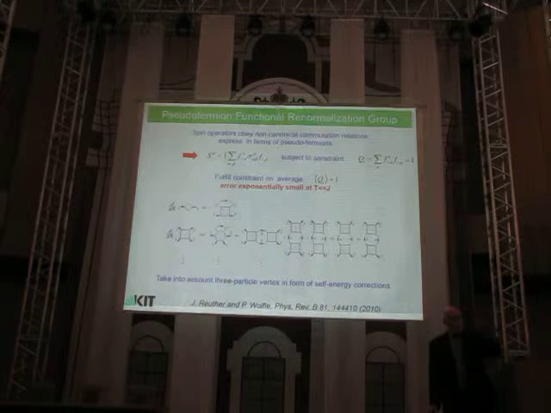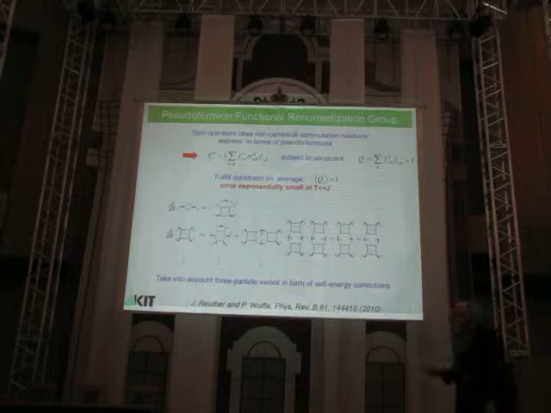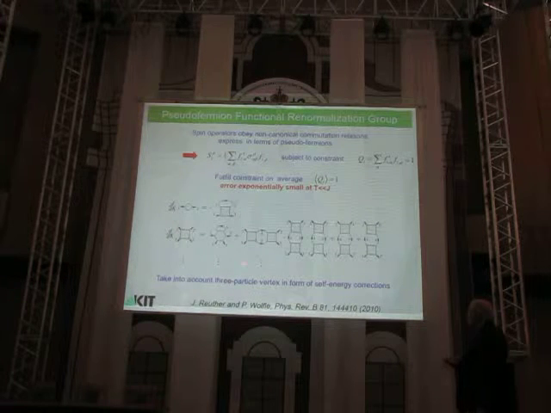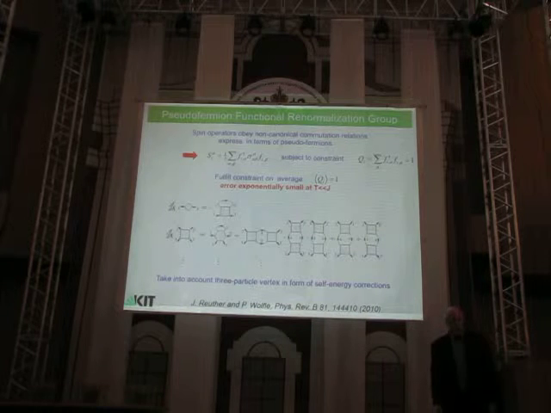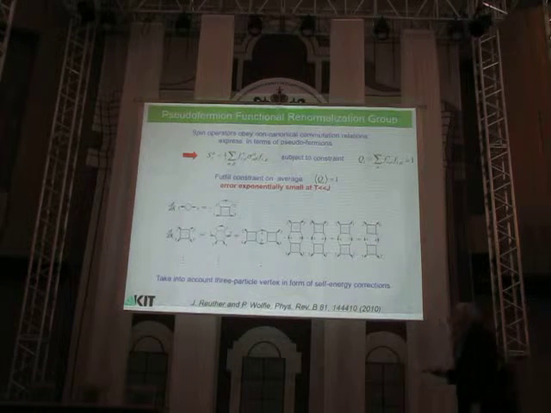Of course, we cannot solve the infinite hierarchies. We have to truncate this system. So we truncate here, take these two equations, but we take this term into account by using the self-energy type corrections here. And it turns out that this is enough to give excellent results.